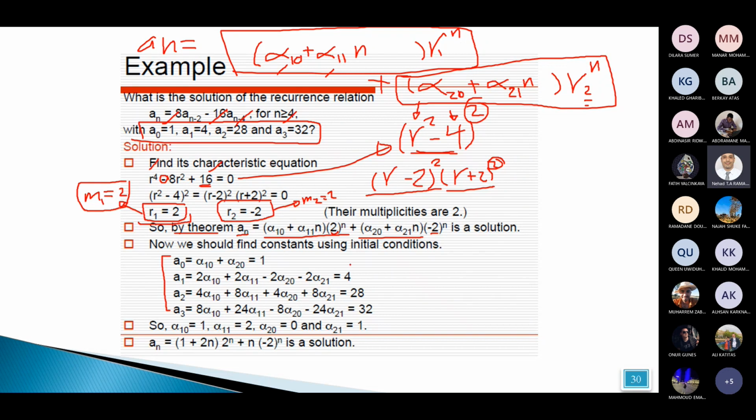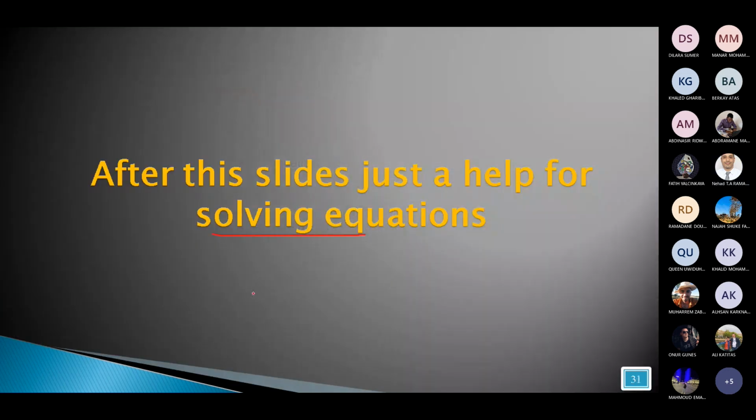This will take time. At the end, these are the values; apply them instead of the alphas, and this is the solution for the characteristic equation. This one is very long. I think it's difficult to bring something this long in the exam. Almost it will never happen, inshallah. Okay, so that's all.